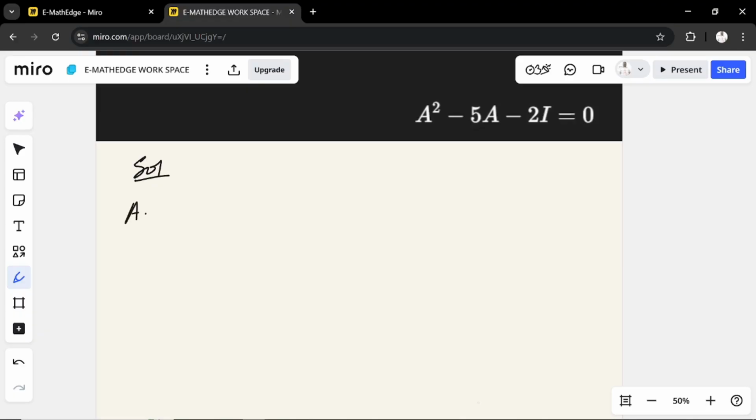Let's bring out the matrix A, containing the elements 1, 2, 3, and 4, where we are to show that A square minus 5A minus 2I is equal to 0.